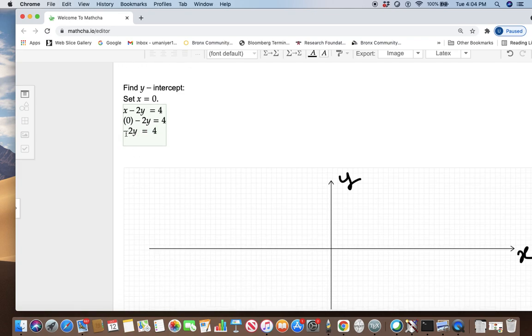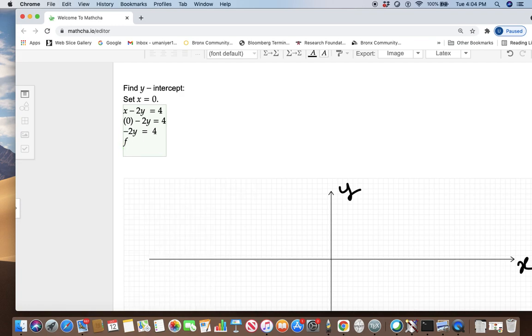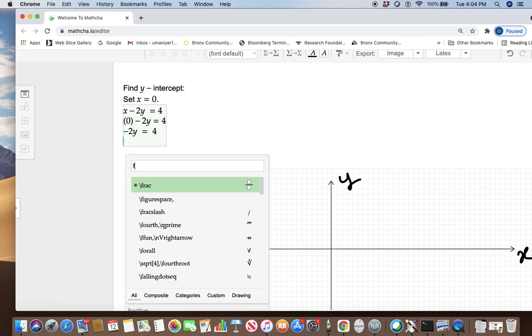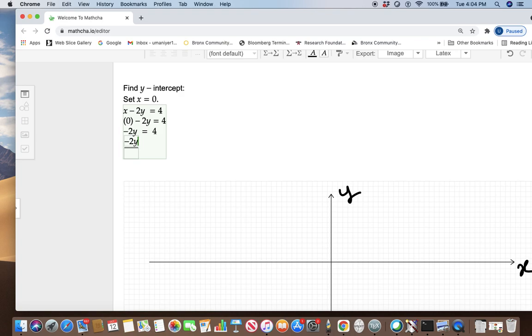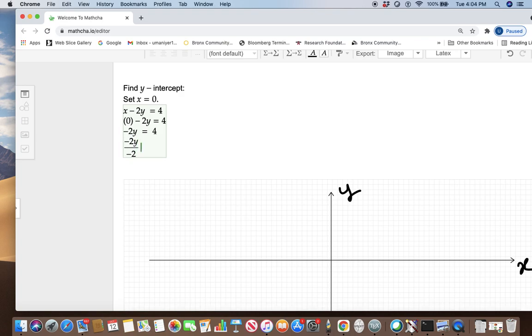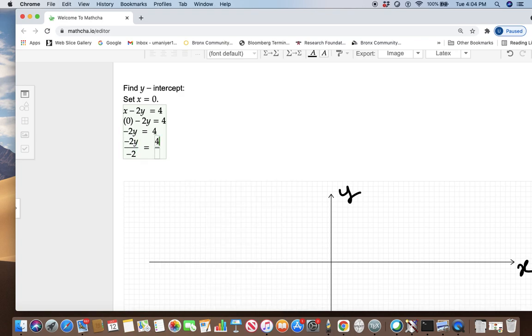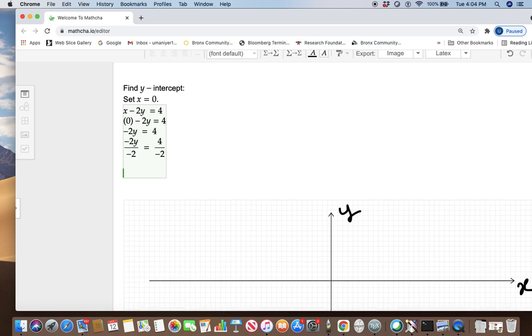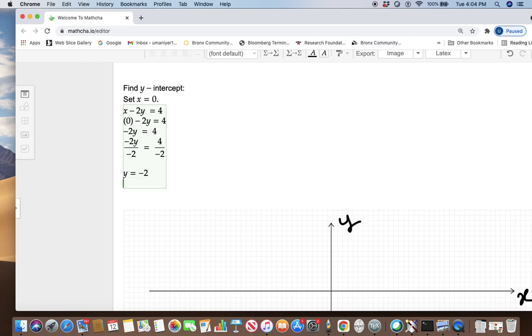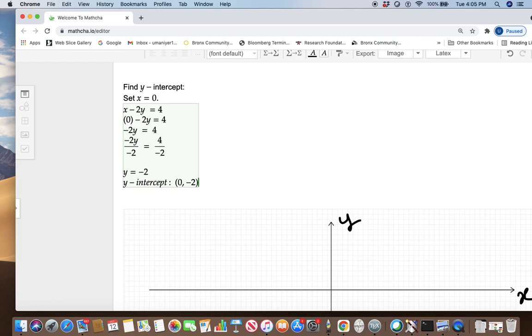Divide both sides by negative 2. Negative 2y over negative 2 equals 4 over negative 2. That gets me y equals negative 2. So we have our y-intercept. What is our y-intercept? Y-intercept is obtained when x is 0 and we get y is negative 2.